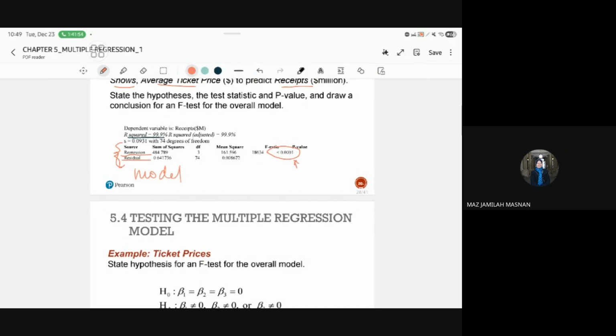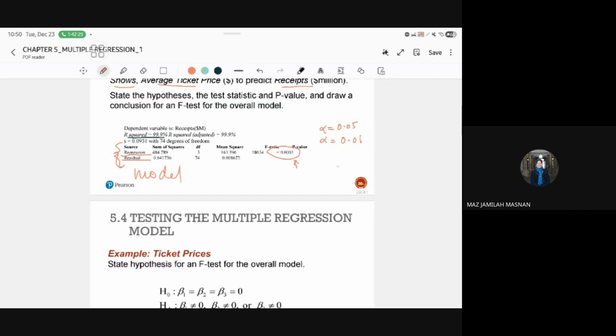So if alpha is equal to 0.05, or even smaller, alpha 0.001, 1%.